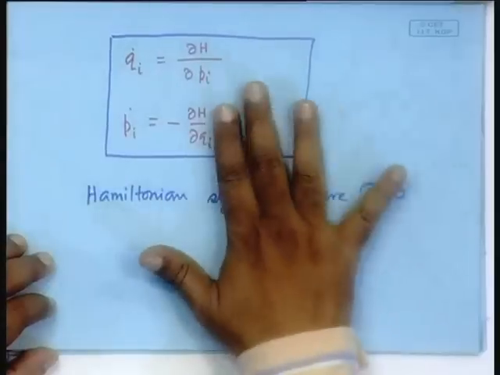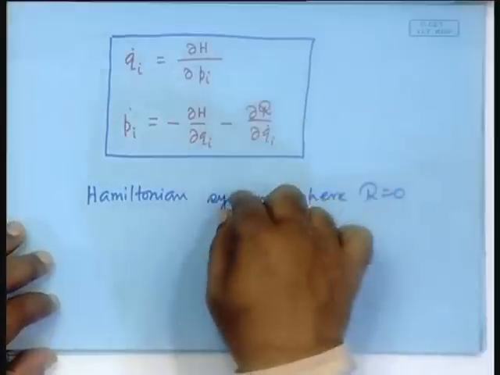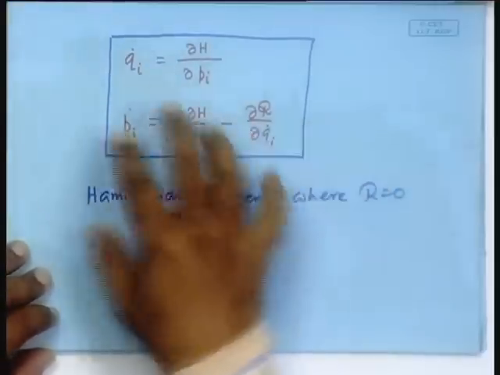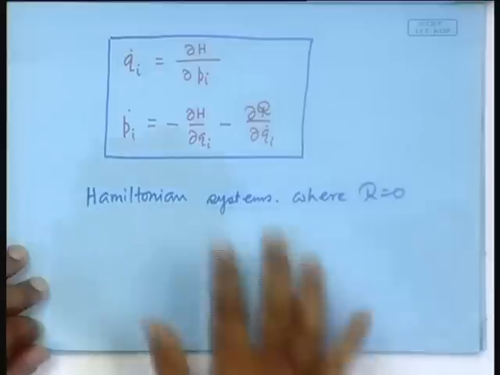But for most engineering systems there will be some kind of friction or dissipation. So, we will include this. Remember, in other books you will not find this equation with this term, only I am including it, so that you can derive the equations using this formalism.